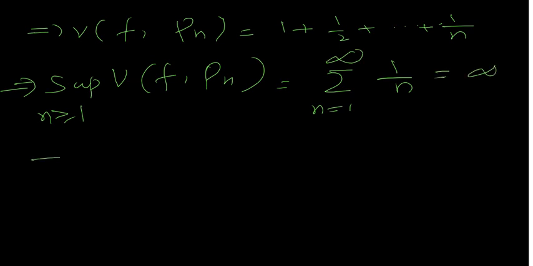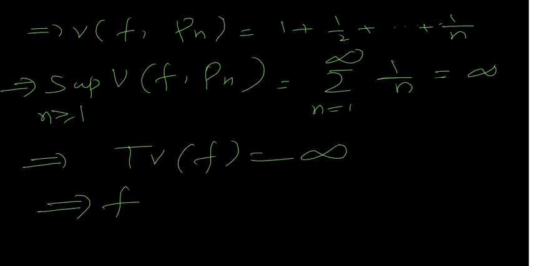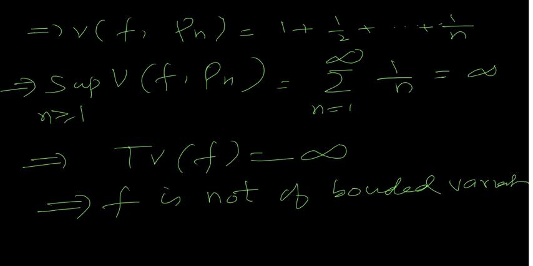Because this series is an infinite series, the total variation of f is infinite. So this implies f is not of bounded variation, because the supremum over these partitions is infinite, therefore the supremum over all the partitions will be infinite.